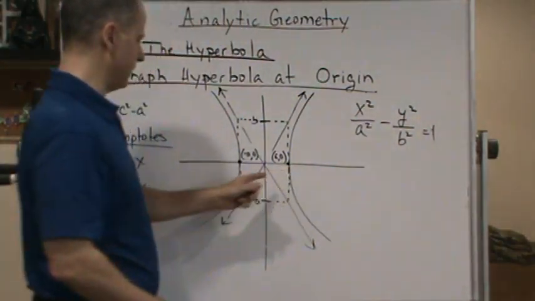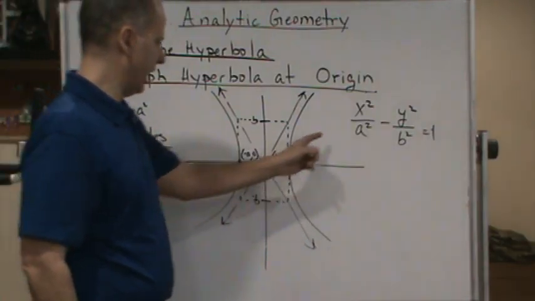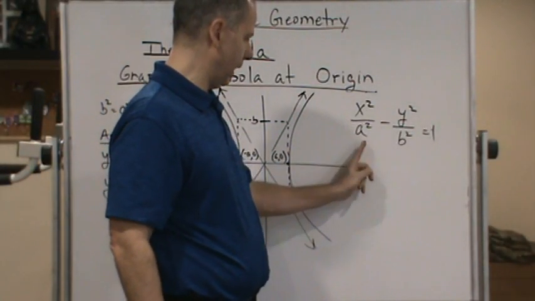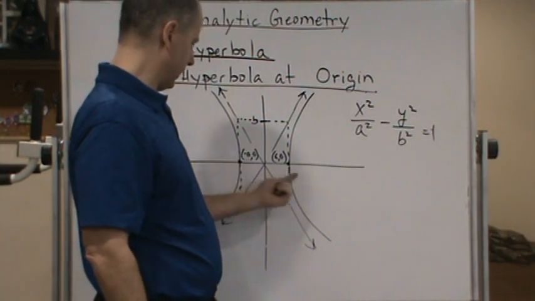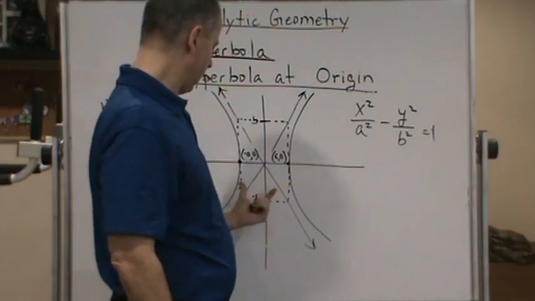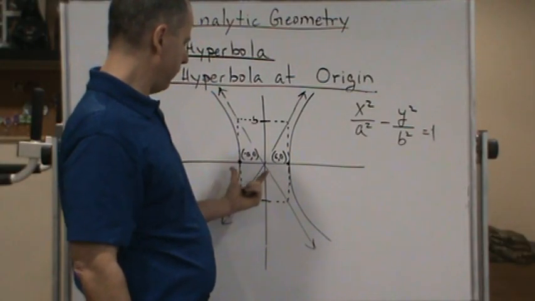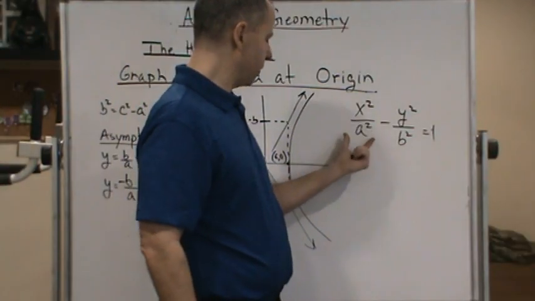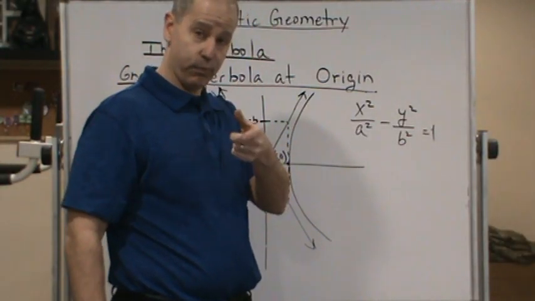This is the example where it traverses the x-axis, the dominant, the larger value of a. A is along the axis. If you want to call it a major axis, it's not the major axis, but anyway, similar to ellipses.